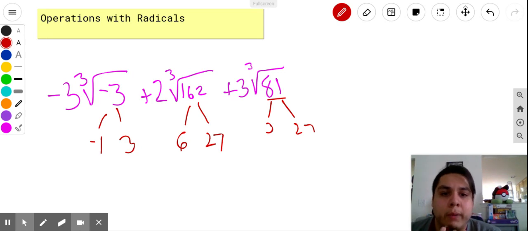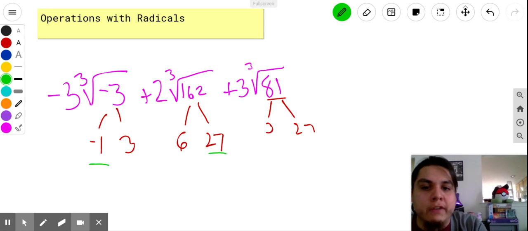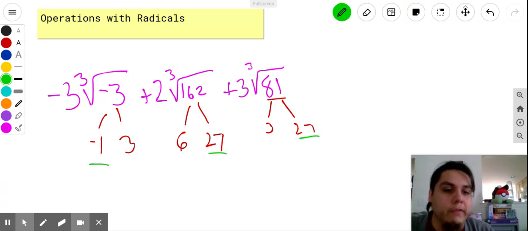And let's talk about why I would do that. If you notice, for each of the numbers I have, I've listed one perfect cube. Negative 1 is a perfect cube, 27 is a perfect cube, 27 is a perfect cube. Which means that underneath the radical sign, I can go ahead and cube root each of those underlying numbers, right?